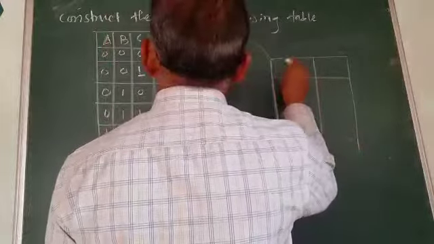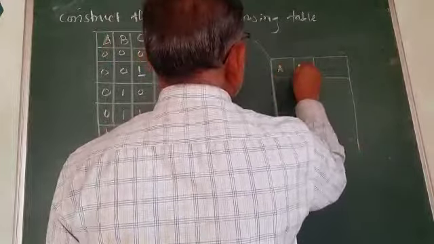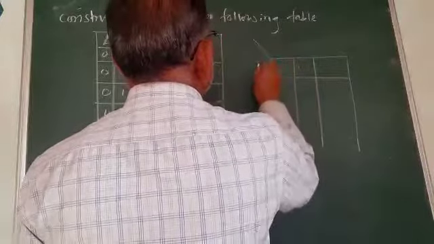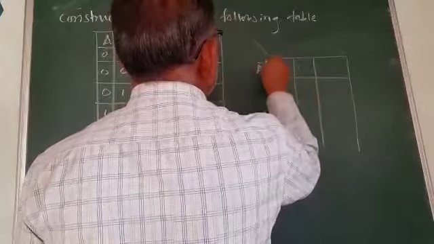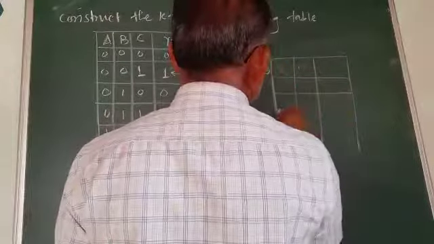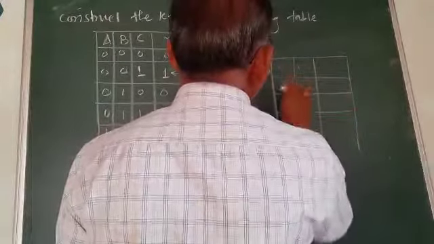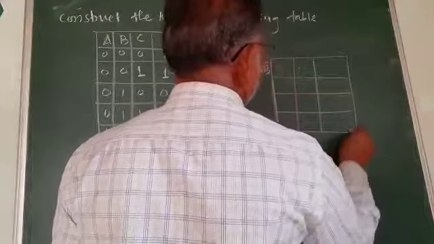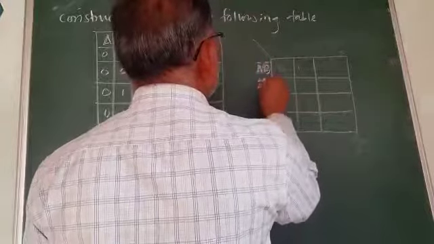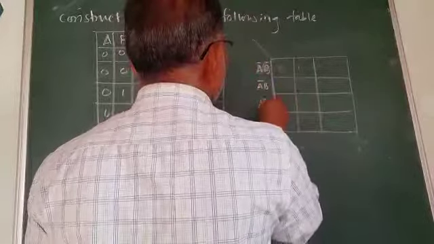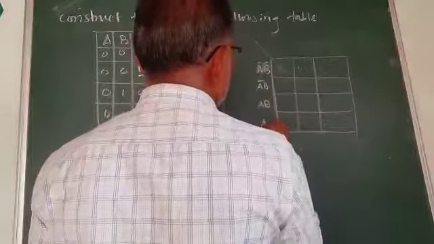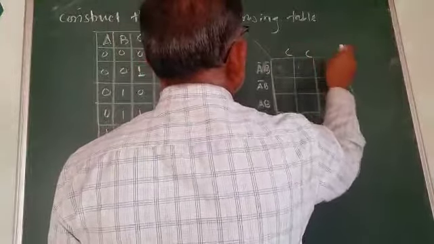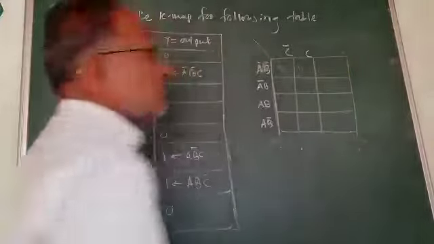So this is a b, a bar, b bar, a bar b, a into b, a, b bar, now c into c bar, c bar into c.